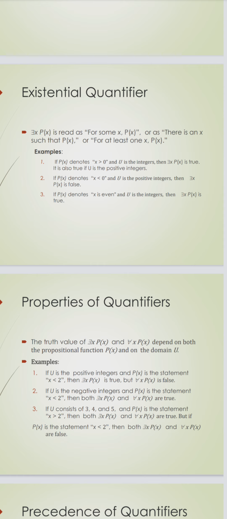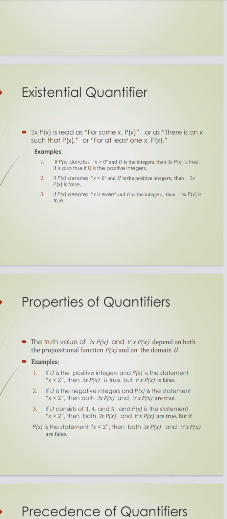Properties of quantifiers. The truth value of there exists x p of x and for all x p of x depends on both the propositional function p of x and on the domain U. For example, if U is the positive integers and p is the statement x less than 2, then there exists x p of x is true, but for all x p of x is false.